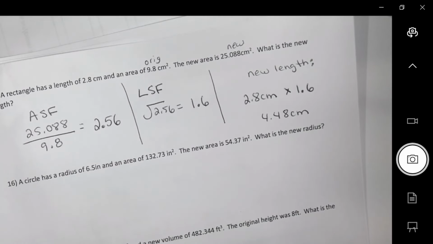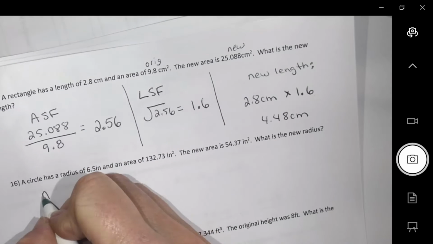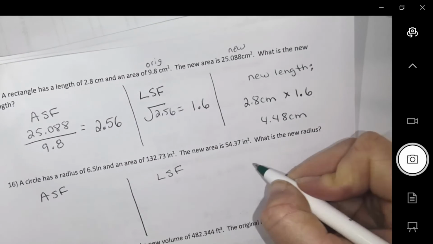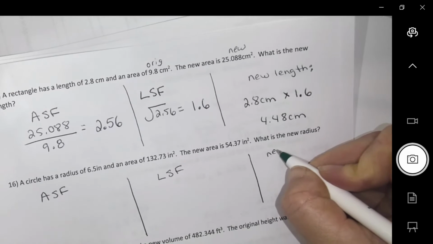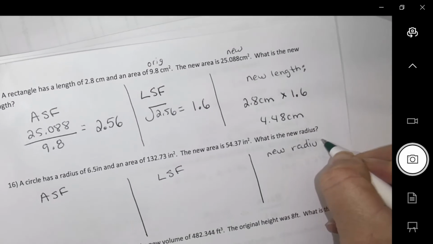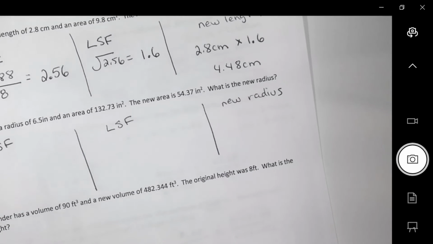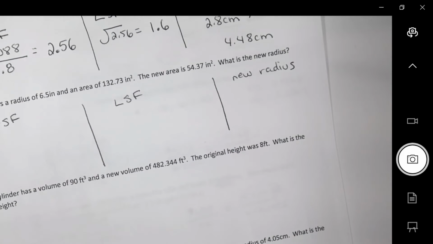Okay, same question I gave you. Figure the same thing out. What's the area scale factor? What's the linear scale factor? What's the new radius? Can you break those down and see if you can get that one? It's the same process. What's the scale factor with the areas?